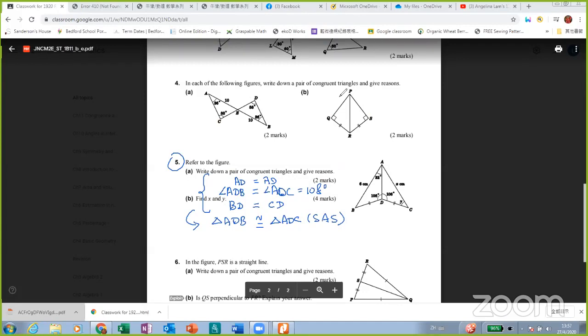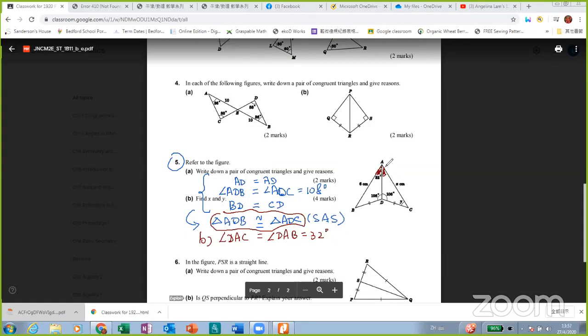And therefore, after this, I can do part B. Because they are congruent, I know that angle DAC must equal angle DAB, which is 32 degrees. After you know that two triangles are congruent, you can tell people that these two angles are in one pair. They are equal.